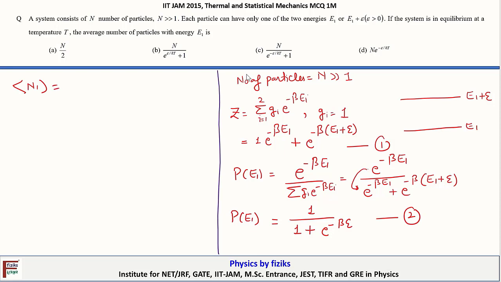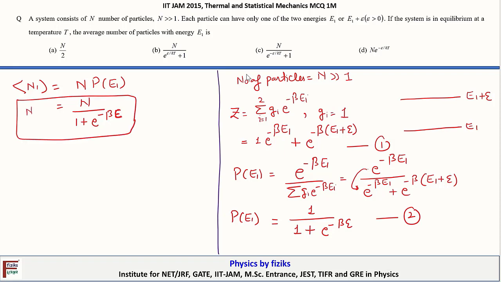That is equal to the number of particles multiplied by the corresponding probability, which is N times P(E1), which is equal to N divided by 1 plus e power minus beta E. So this is our answer, N1 average, the average number of particles with energy E1.